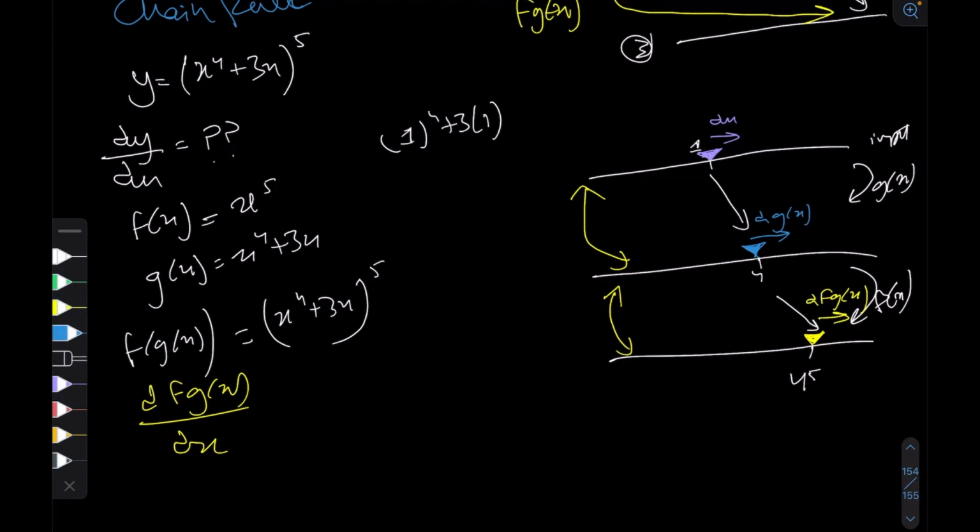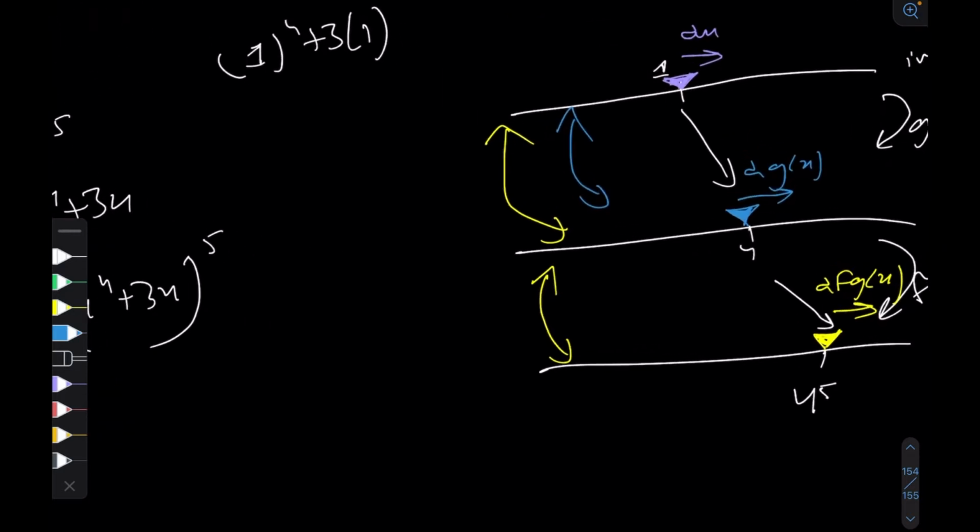Because essentially that g(x) is then taken in by f. So first we ask the question, from here to here, what is the rate of change, and then we ask, for some change in g(x), what is the change in f(g(x))?